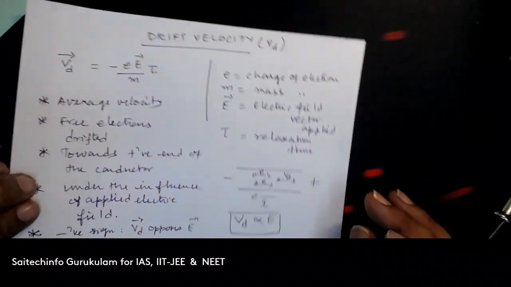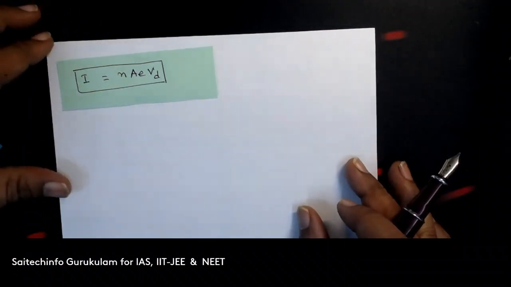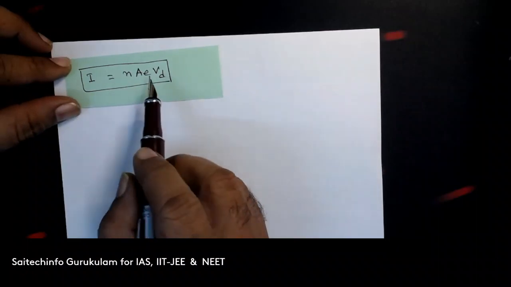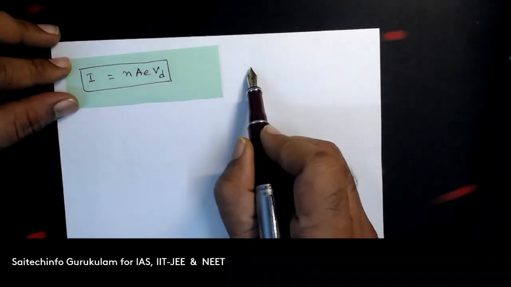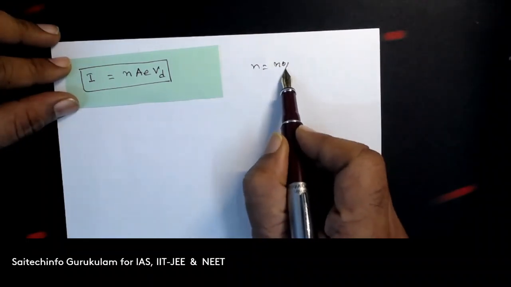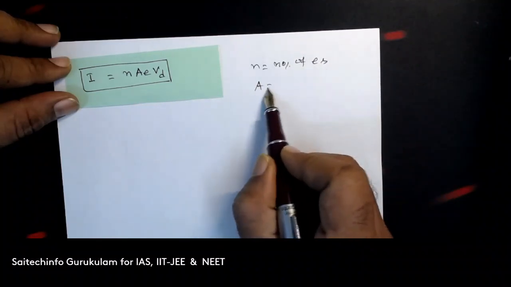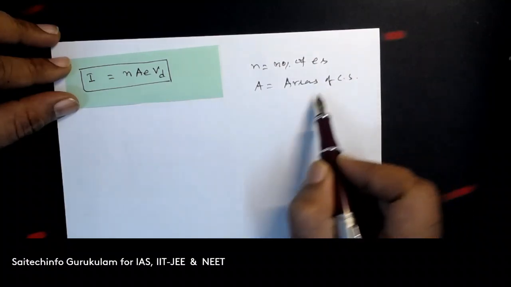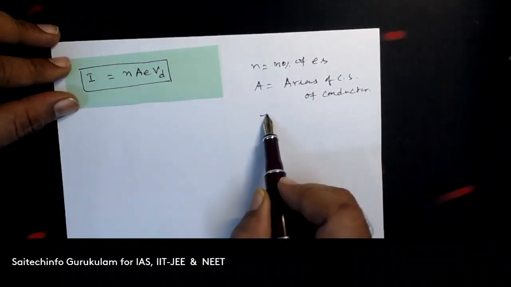Now, we have already discussed the current I, which is given as I = n A e Vd. What is n? n is the number of free electrons. A is the area of cross section of the conductor. e is the charge of electron.